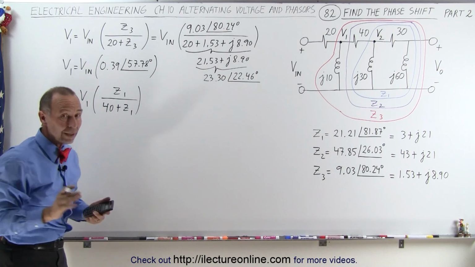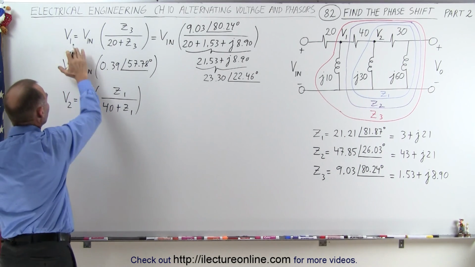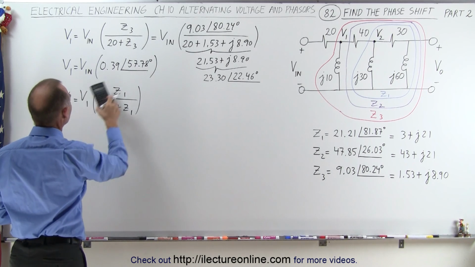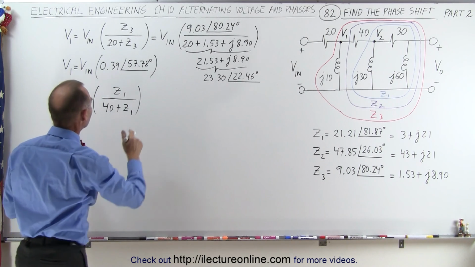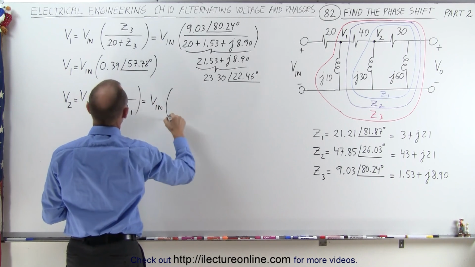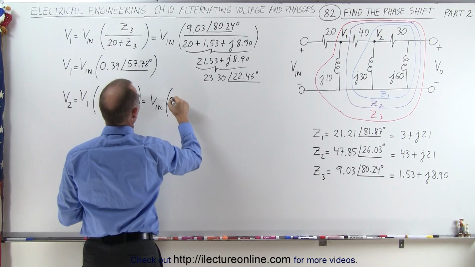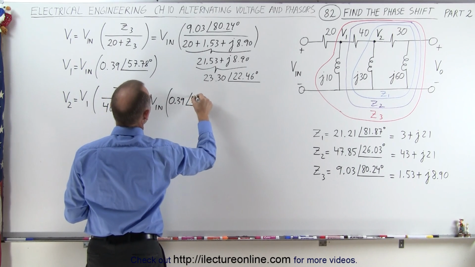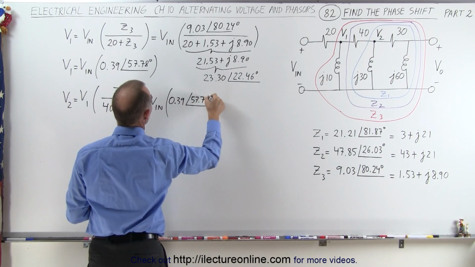We'll use the same technique again as we did to find V1, but now we have this ratio to contend with. Of course, V1 is already in the format that we wanted, so this is equal to Vin times 0.39 with a phase angle of 57.78 degrees.